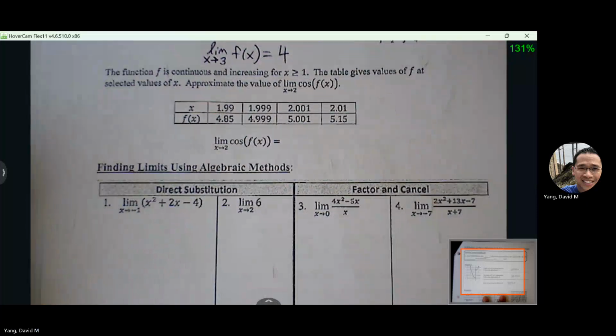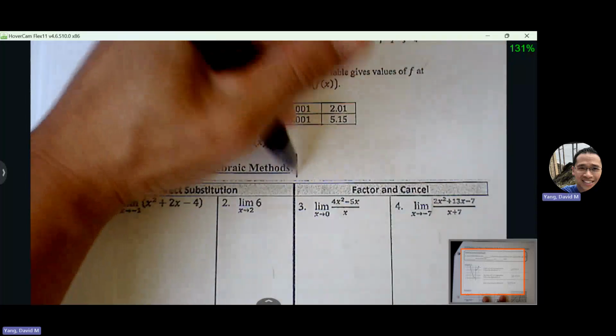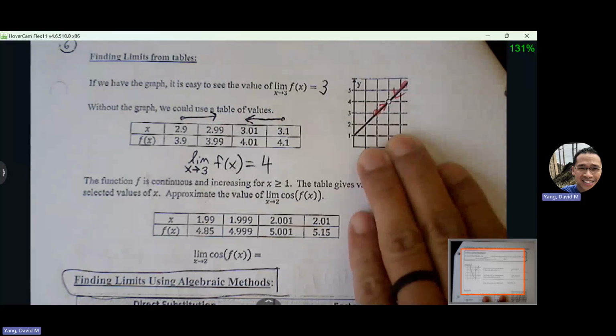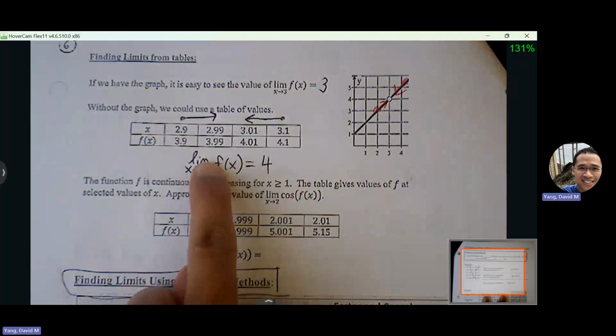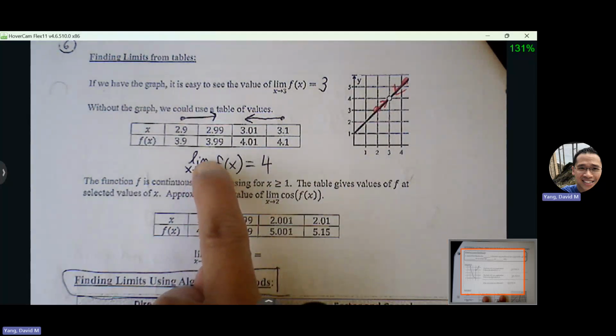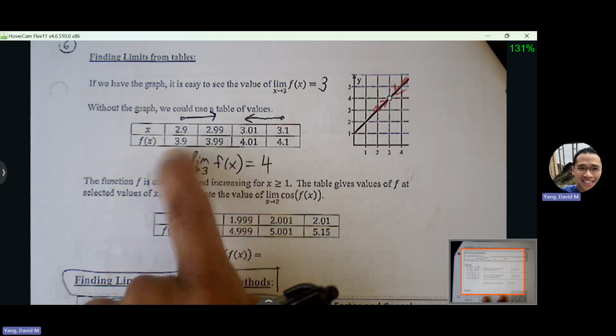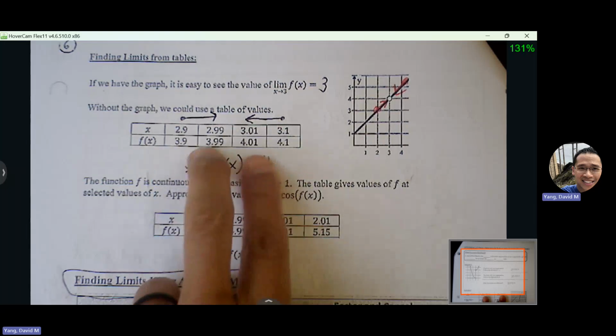Okay. All right, the next big topic is finding limits algebraically. So we can find a limit graphically. That's the easiest, so that's why we started with that yesterday. Finding a limit using a table of values is easy as well, although it's a little tedious if you didn't have all those values. But if the table of values is given to you, it should be easy to read.